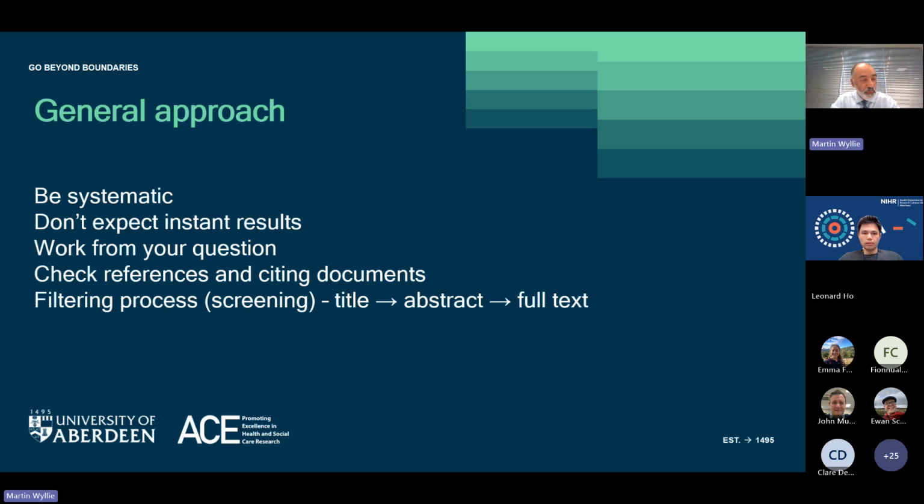I think over the years we've been spoiled by Google and the like, where you can type in almost anything you want and they'll give you a quick, immediate answer very easily. But if you want to find a range of evidence to support an intervention or to support a change in policy, you need to be systematic about it.